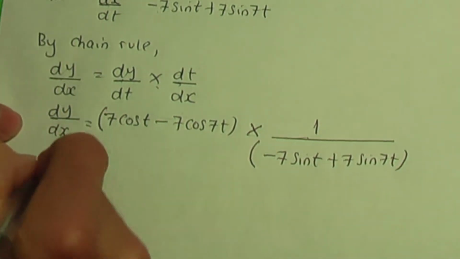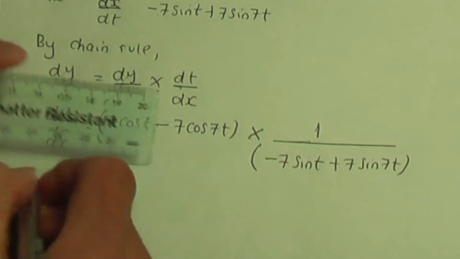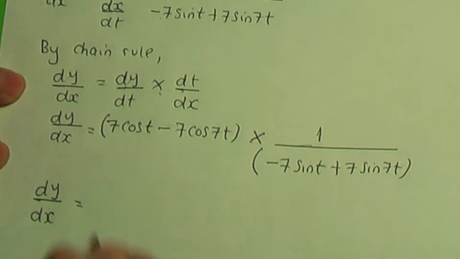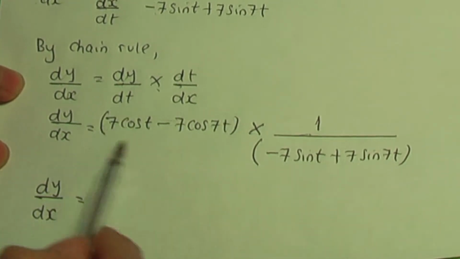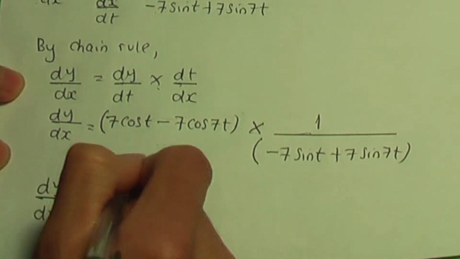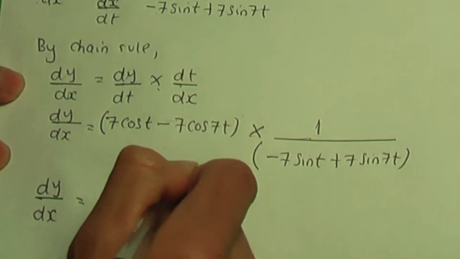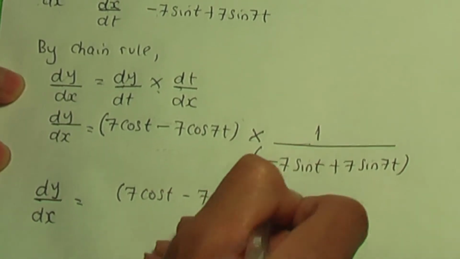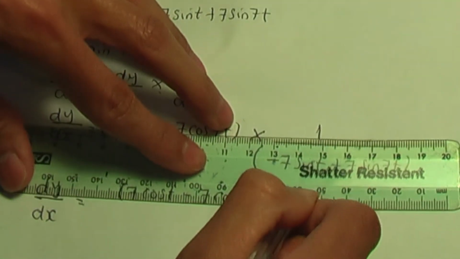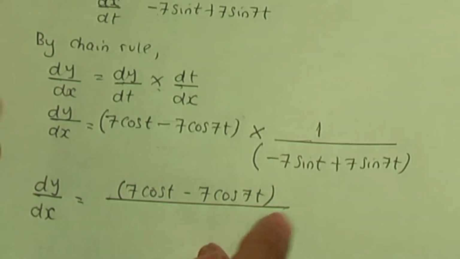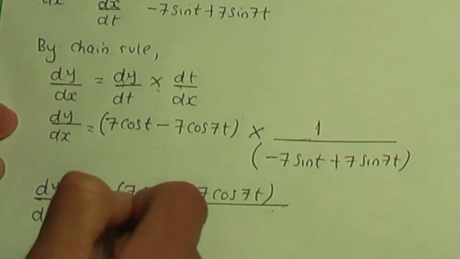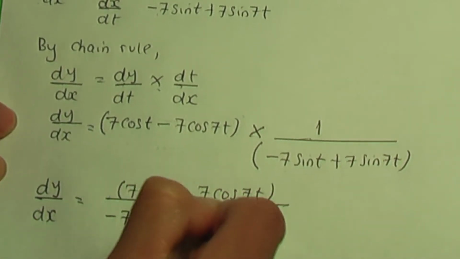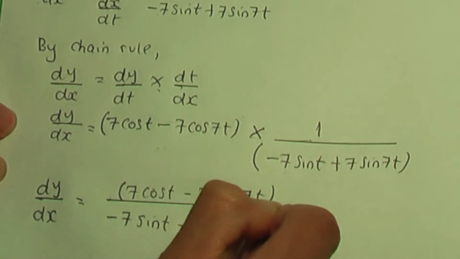Now, if we multiply, let's see what we're going to get as a result. dy over dx: this term times 1, so we're going to have 7 cos t minus 7 cos 7t on top, the term in the numerator, all over this term in the denominator, minus 7 sine t plus 7 sine 7t.